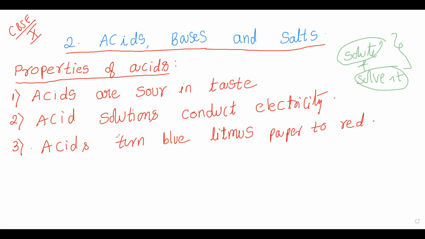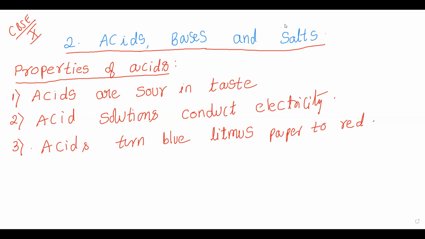Acid solution conducting electricity means that the solution will allow current to pass through it. So it is a conductor. So the second property of acids is that acid solutions conduct electricity.